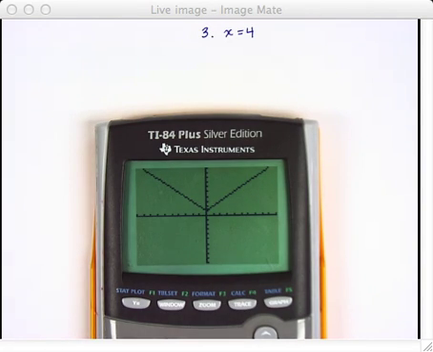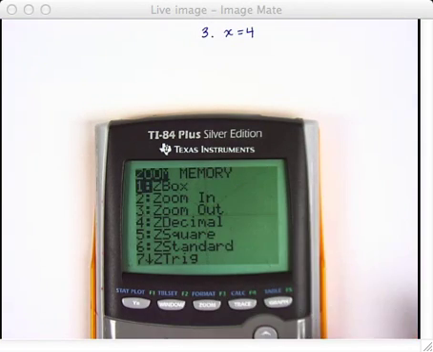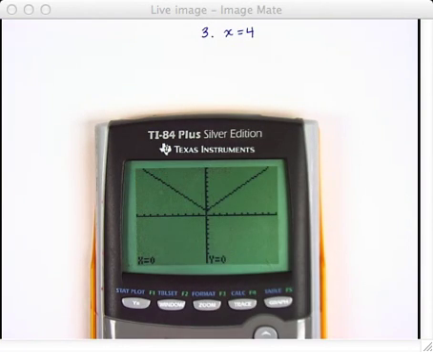But what I want you to do is zoom in. So we're going to push zoom in, and I'm just going to push enter and see what happens as I keep pushing zoom in, if it lets me.